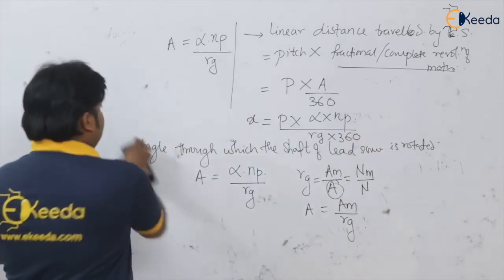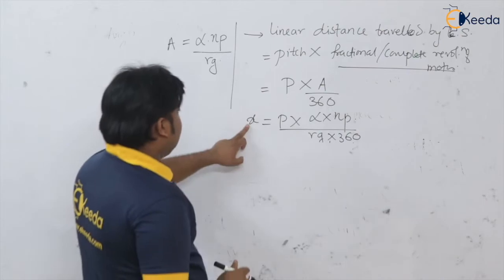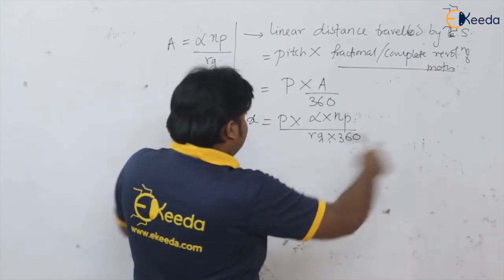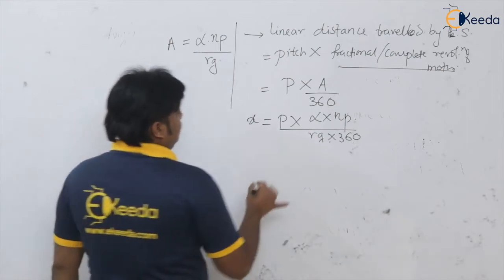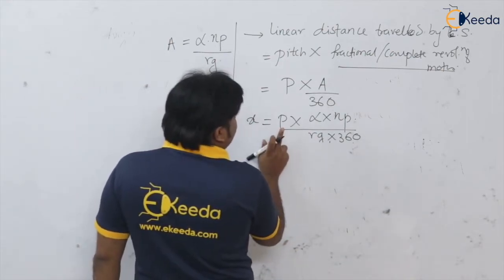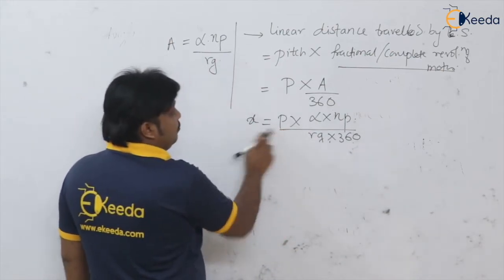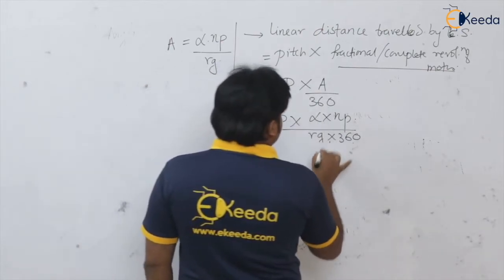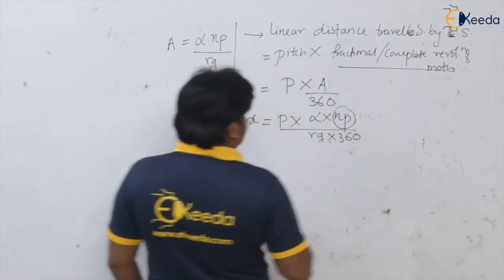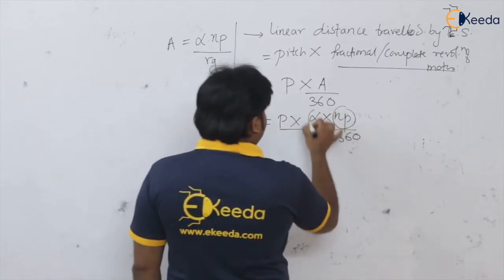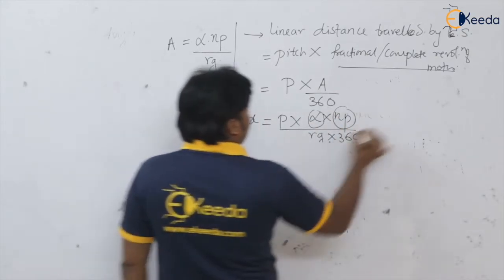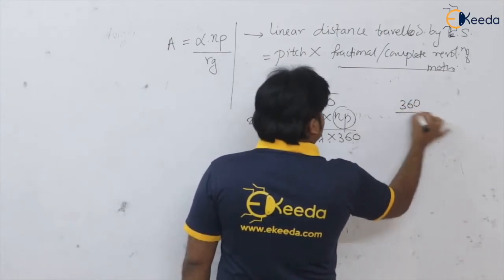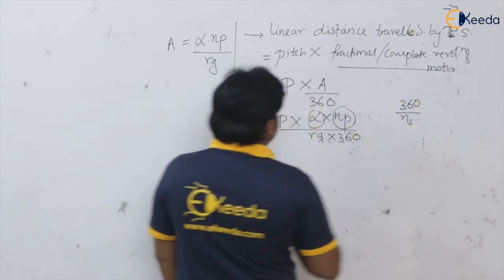Please see what I am doing. X is the linear distance traveled by our work table, isn't it? P is the pitch of this lead screw in mm per revolution. And we know how to write alpha: alpha is nothing but 360 divided by NS, isn't it?